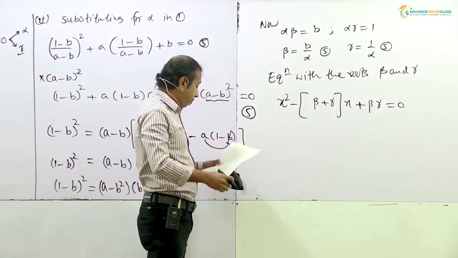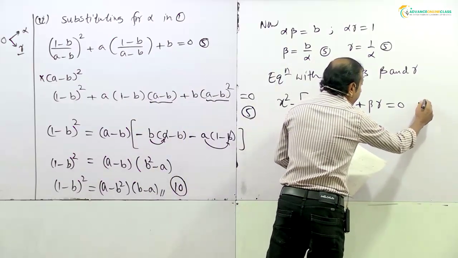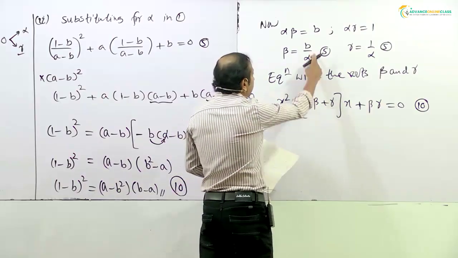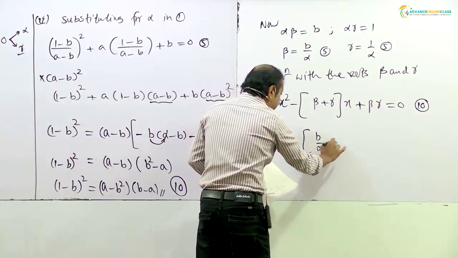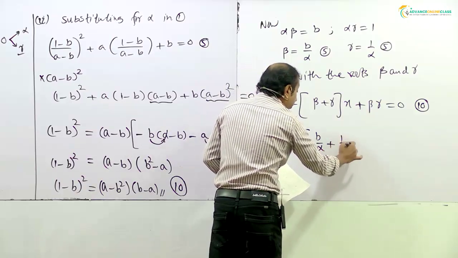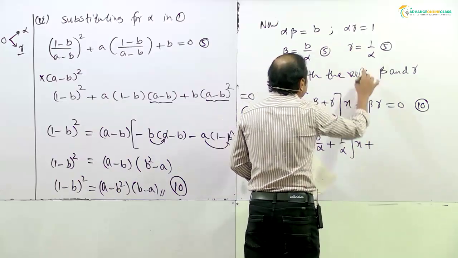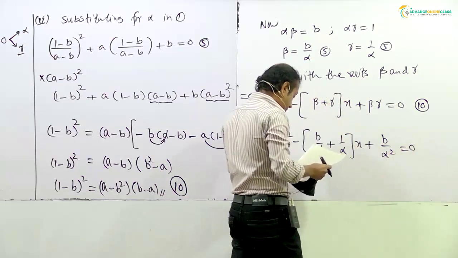Now substitute for beta and gamma. For this, you are given 10 marks. Then substitute for beta and gamma: beta is b over alpha, gamma is 1 over alpha, times x. Beta gamma means multiply this to get b over alpha squared equals 0.